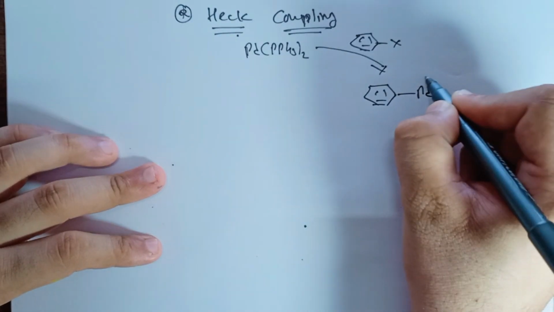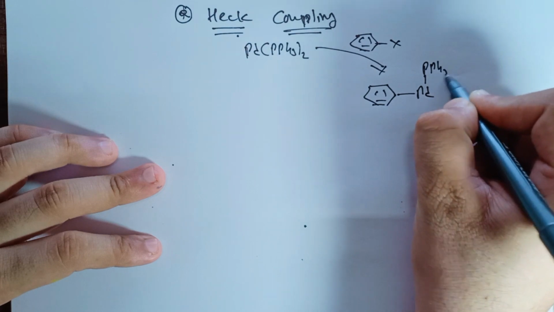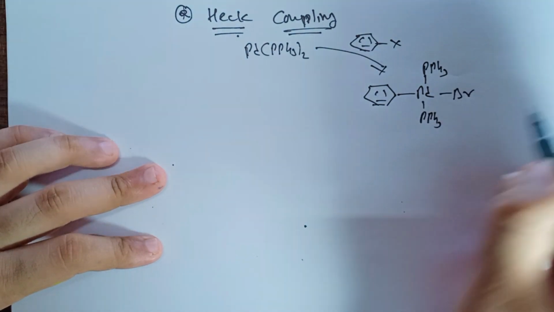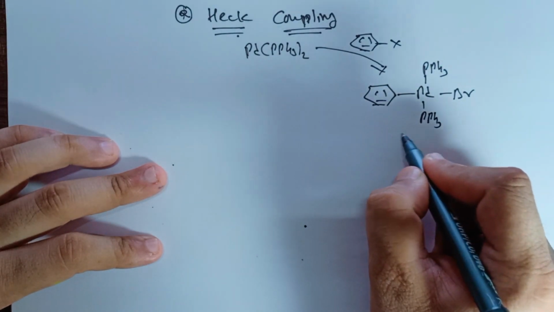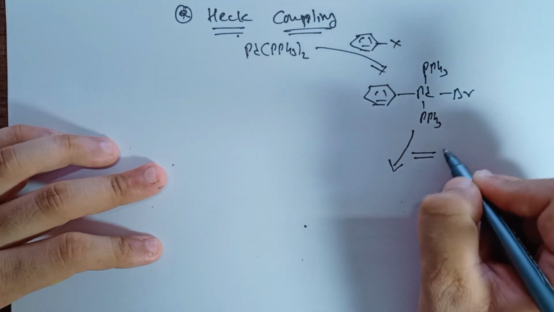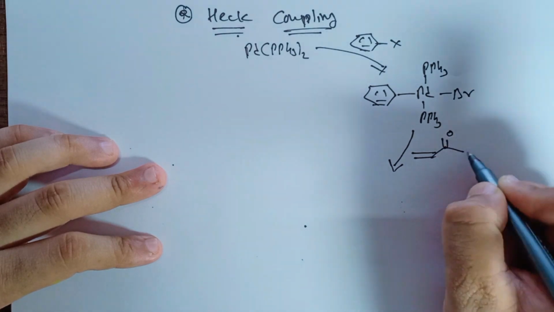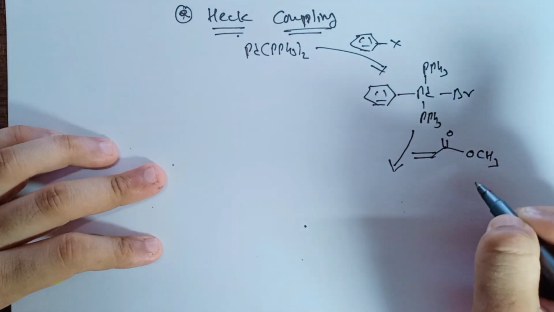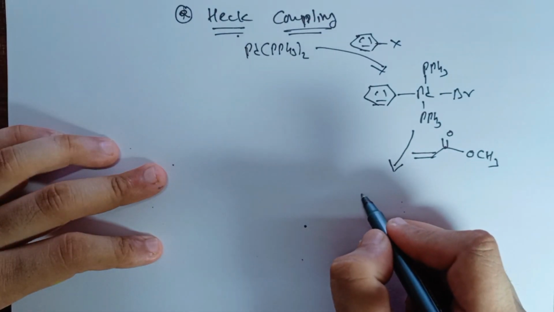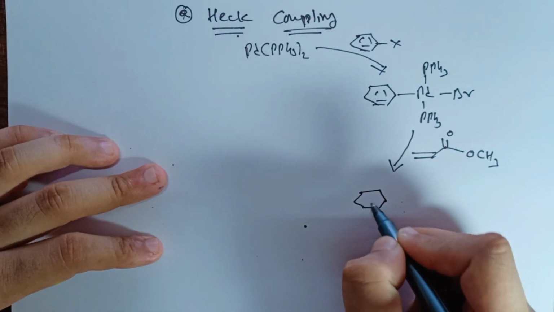Here we are having palladium with PPh3, and here also a PPh3 group, and Br. That is known as the oxidative addition reaction. Now in the next step, we are having an alpha-beta unsaturated ester compound. This ester compound will make a partial bond towards the palladium catalyst.